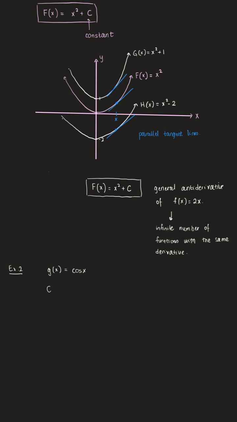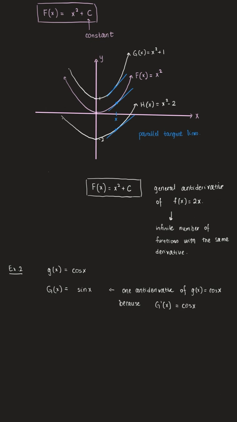Well, we can start with, let's call it capital G of x, and we know that sine x has a derivative that is cosine x. So we would call sine x one antiderivative of g of x equals cosine x, because when we take the derivative of this function, we get cosine of x.